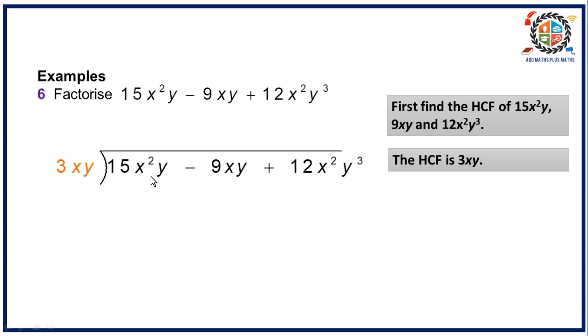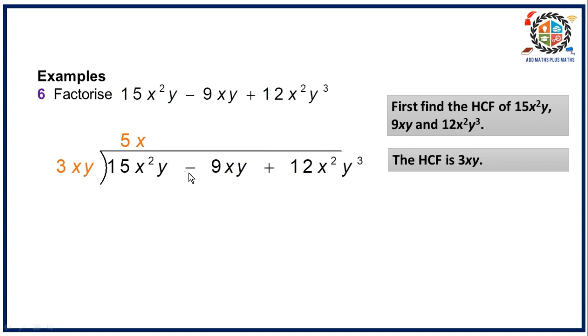You divide it to 15x squared. The result will become 5x only. Why 5x only? Y divided by y is 1. 15 divided by 3 is 5. X squared divided by x is x. 1 times 5 is 5. That's why it will just become 5x.